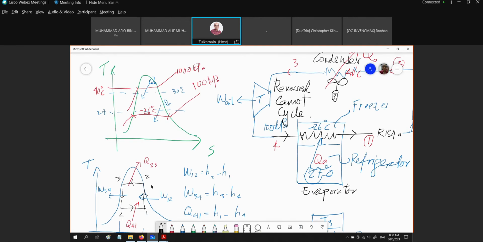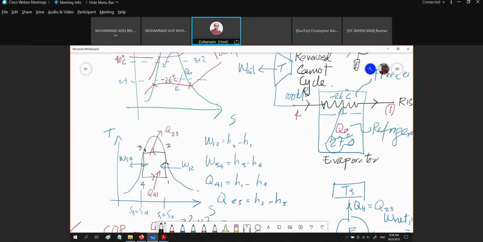But as we know, you see, state 3 is already saturated liquid, and state 4 is a mixture. So the amount of work we are going to have from W34 is very small. Maybe the turbine itself won't rotate because of the small energy content at 3.